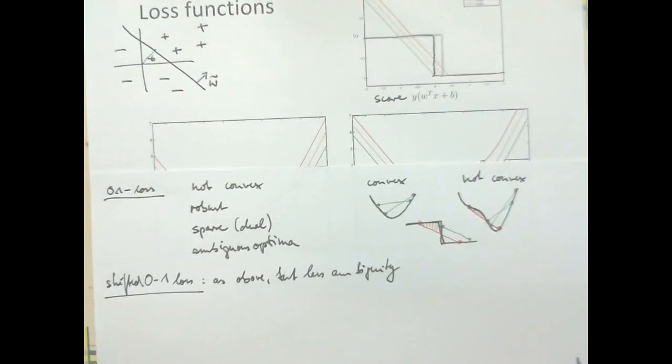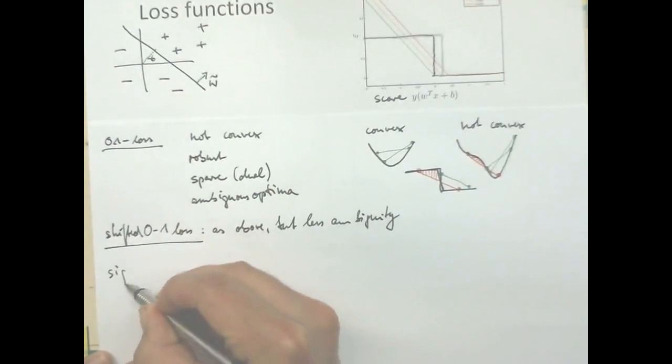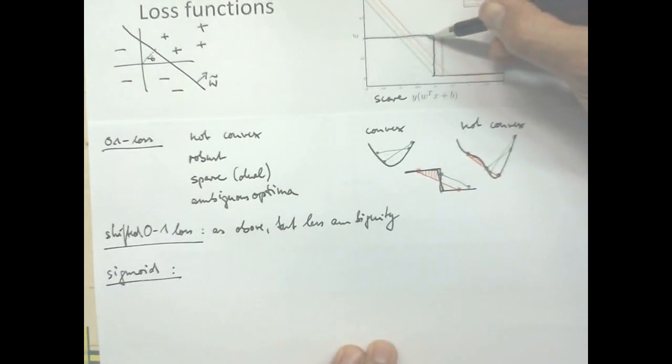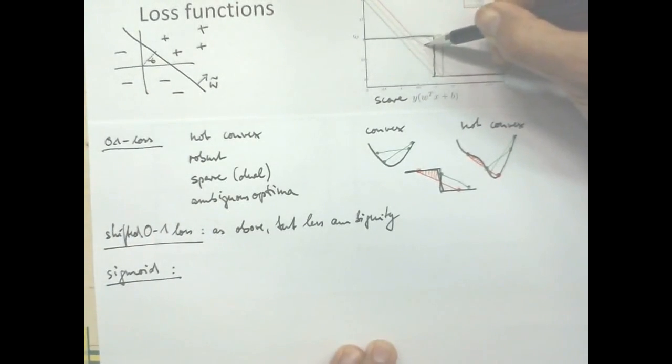Then also last week when we talked about neural networks, we talked about sigmoids. So for sigmoid loss functions, I've plotted two sigmoids here. One was pretty steep, and the other one had a smaller slope.